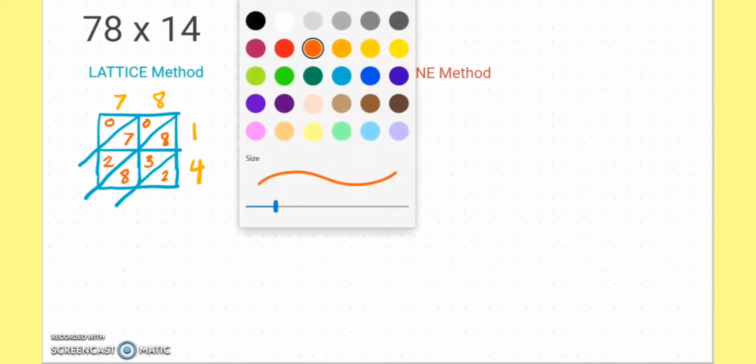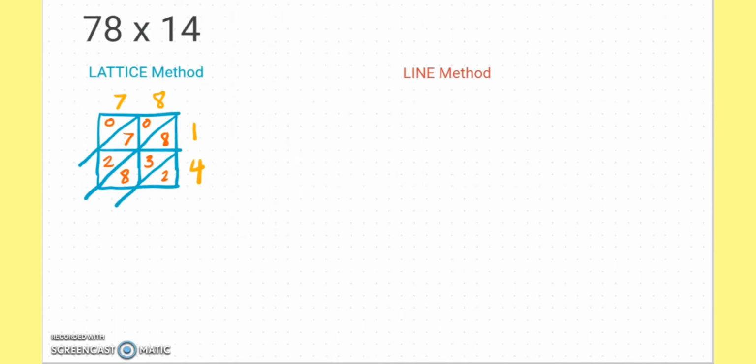Now let us get the sum of the numbers in each group. So here in this group, we only have a 2, so it's 2. And then for this group, we have 8 and 3 and 8, which total to 19. So we only take the ones digit of 19 and the tens digit will be in the next group.